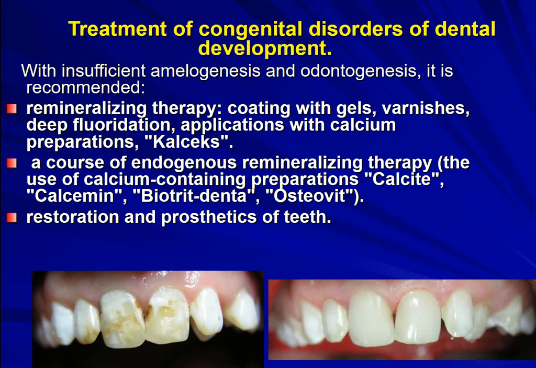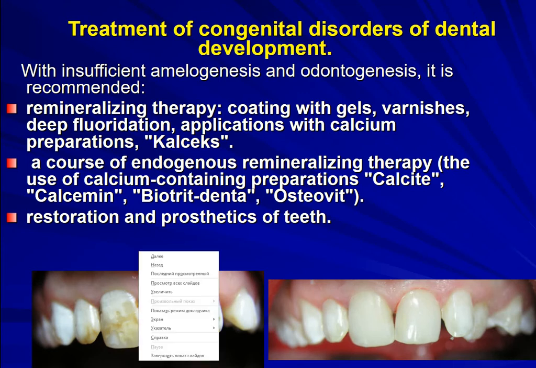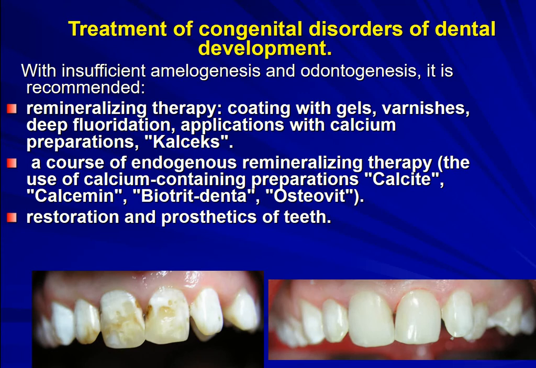Treatment of congenital disorder of dental development. With insufficient amelogenesis and odontogenesis, remineralizing therapy is recommended: coating with gels, varnishes, deep fluoridation, application of calcium preparations.